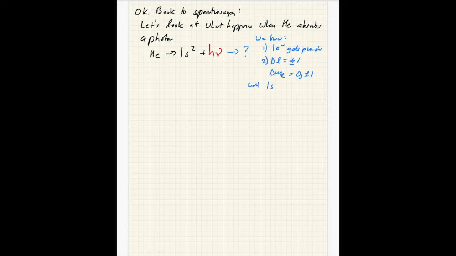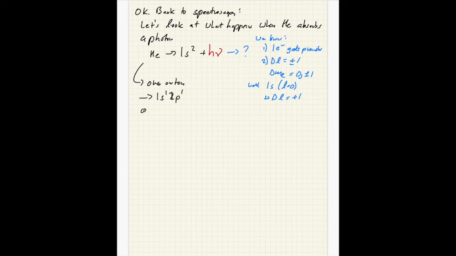We know that L has to change by plus or minus 1, and concomitantly M sub L has to change by either plus or minus 1, or it can remain unchanged. Well, this is an s electron, so L is equal to 0, so we know that if it gains a photon, the angular momentum can only go up because it's starting out at 0. So we know we can only look at transitions into p orbitals.